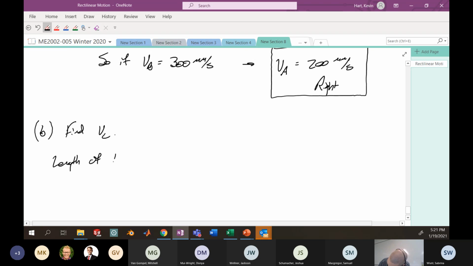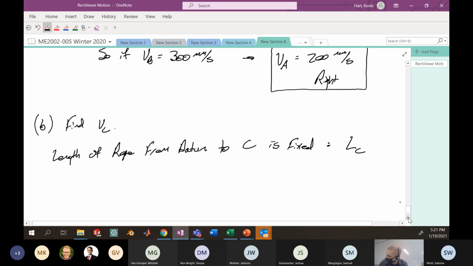Length of rope from datum to C is fixed. And let's call it the length of rope to point C, LC. Makes sense to me.